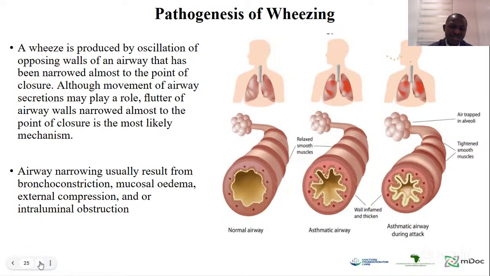It can also lead to obstruction. So the pathogenesis underlying wheezing is that there is narrowing of the airways and turbulent airflow, and the oscillation of the narrowed airway generates the wheezing sound that we hear. Next slide, please.